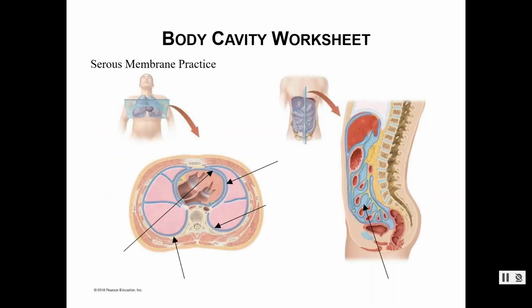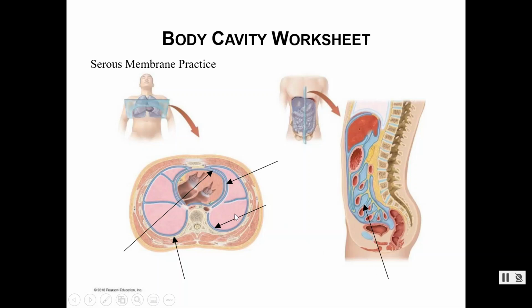Last but not least, got a picture of the serous membranes. I will fully admit that it can be a little difficult to tell which one is which in this image. Just do the best you can. We're just practicing. This one's pretty easy. We only have one answer here.